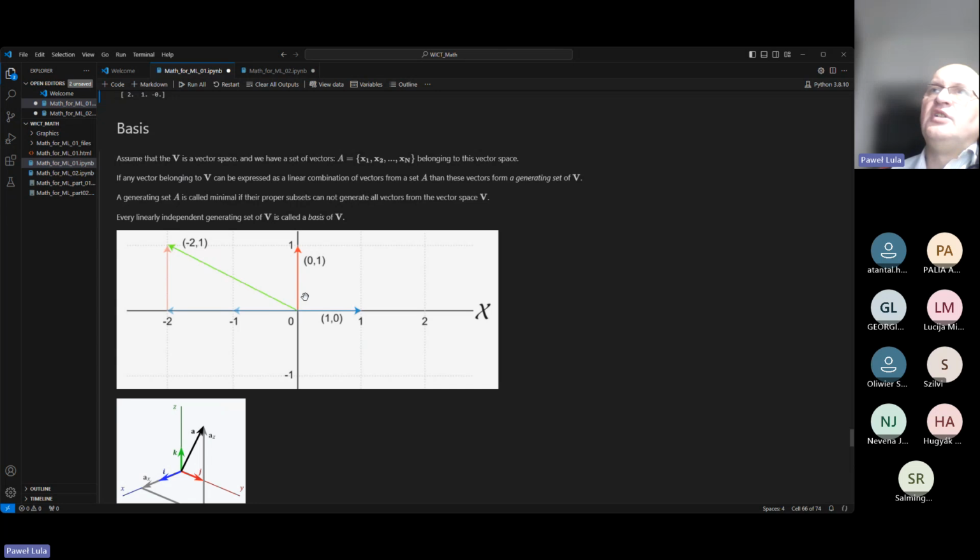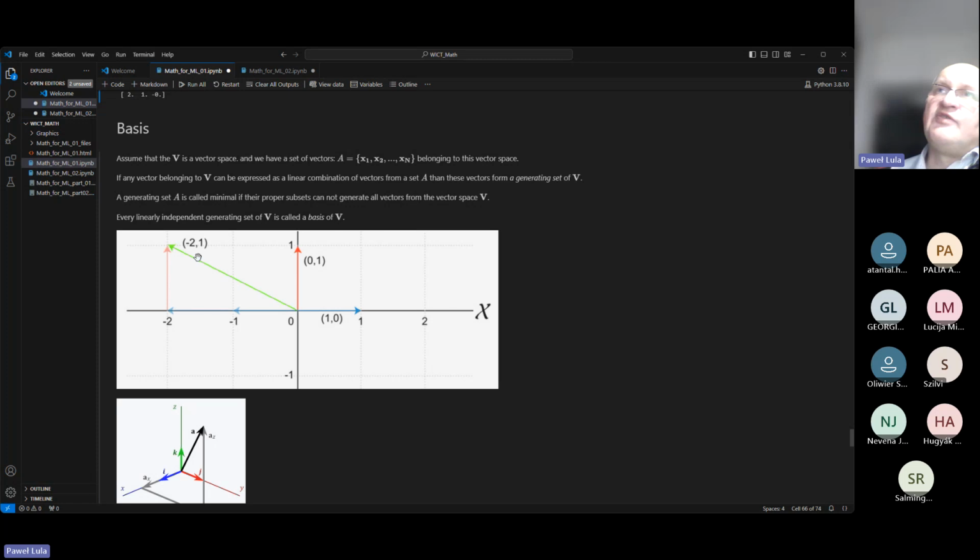So if you want to define the coordinates for this green vector here, I may say -2, 1. It means these values, these coordinates, of course, define a point in which this vector is ended. But also we can say that these coordinates also inform us about operations which we should perform on unit vectors, which form the basis for this space.